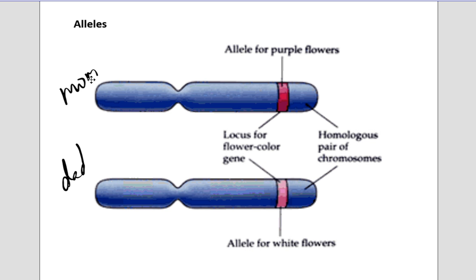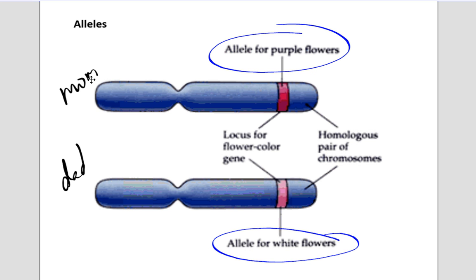Those gene versions are called alleles. Here you have a homologous pair. Remember homologous pairs. This is an example of a homologous pair. In this case, the gene for flower color is located on this chromosome. One version of that gene is purple. The other version of that particular gene is white. And so which one is going to show itself?